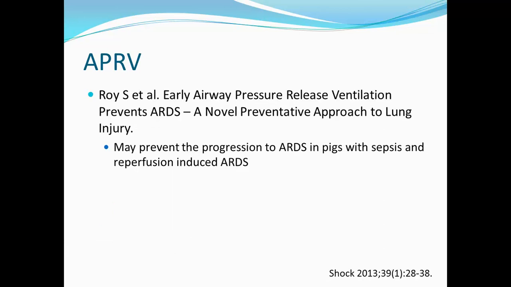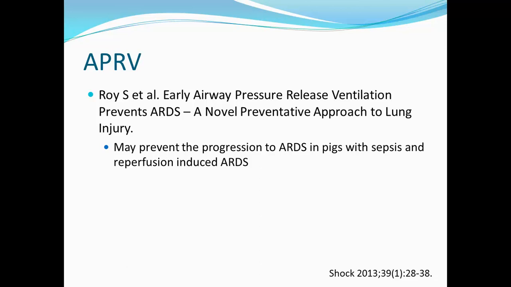This was an article by Roy and Habashi. They used APRV in pigs and they created sepsis with a reperfusion induced ARDS, and in this group of 7 pigs, 4 of them had APRV, 3 of them did not, and the 4 that had APRV did not develop ARDS.